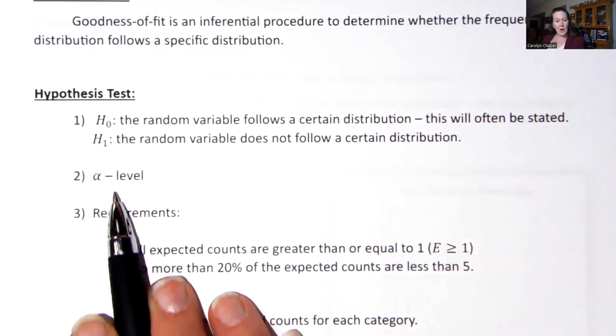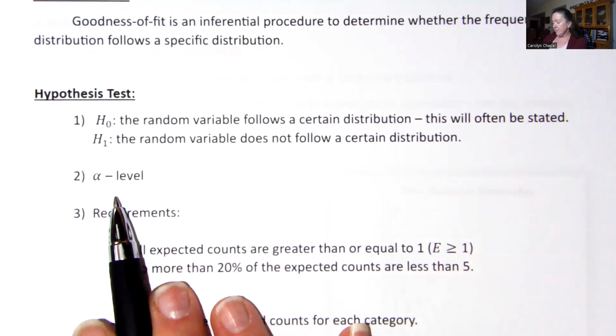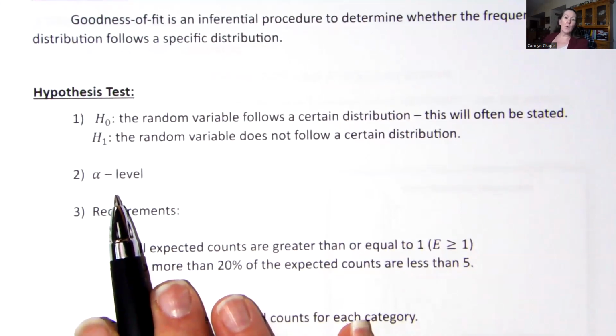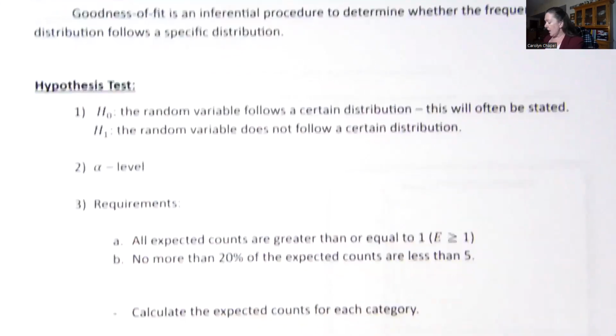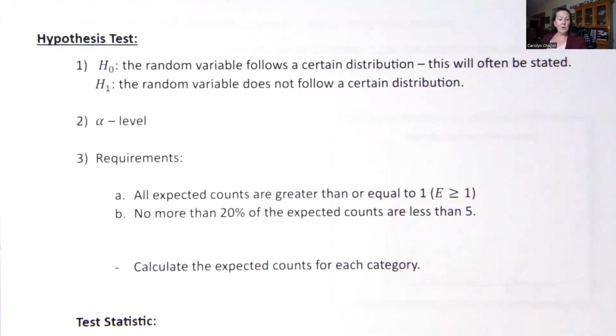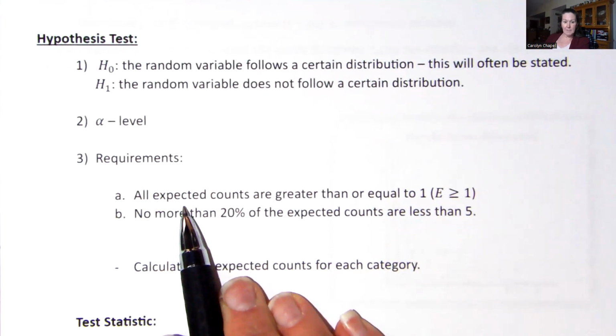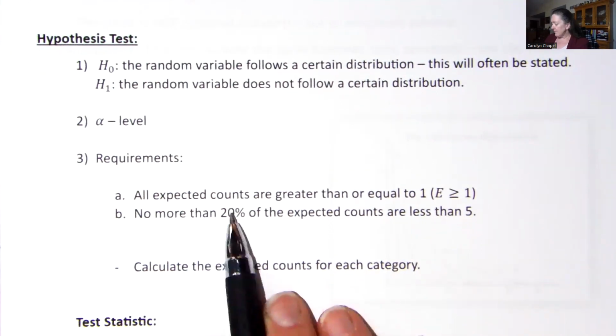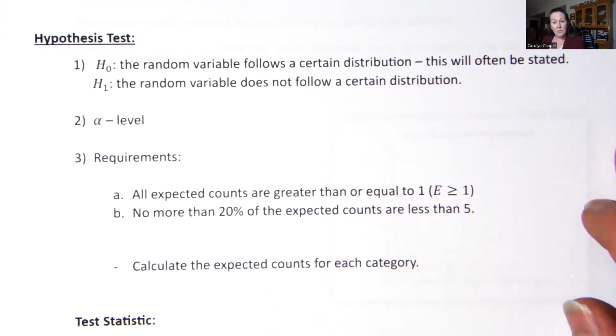Step 2, as it has always been in the past chapters, is to set that alpha level, depending on how cautious we want to be. We do have some requirements for this to work. We want to make sure that all of our expected counts, and we'll talk about what that is in our example so you can get a clearer understanding, are greater than or equal to 1.